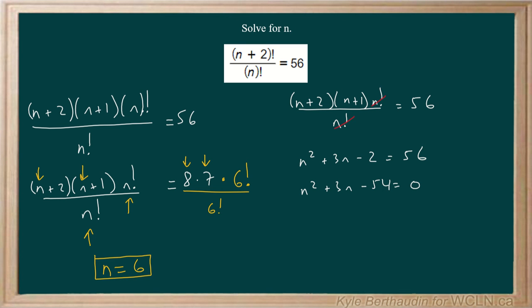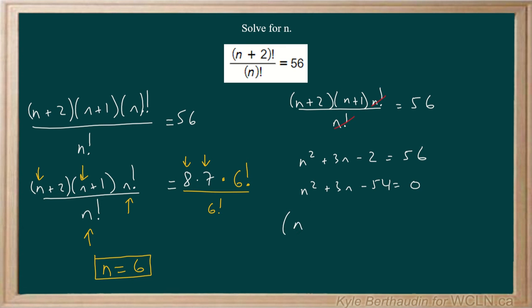We could factor this. We would want two numbers who multiply to give us negative 54, and which add to give us positive 3. In this case, those numbers are going to be positive 9 and negative 6, because positive 9 times negative 6 is negative 54, and positive 9 minus 6 gives us positive 3.